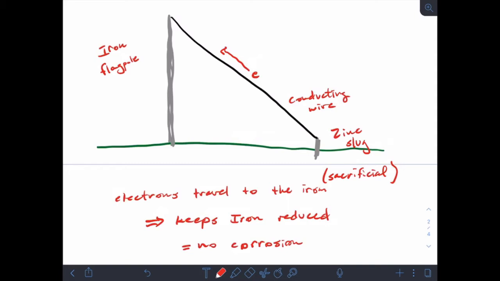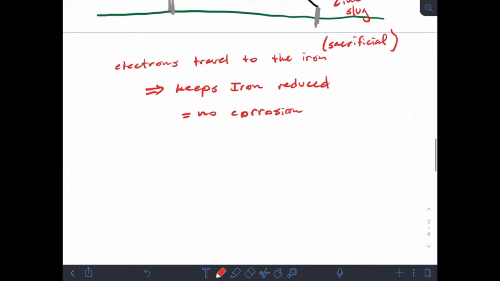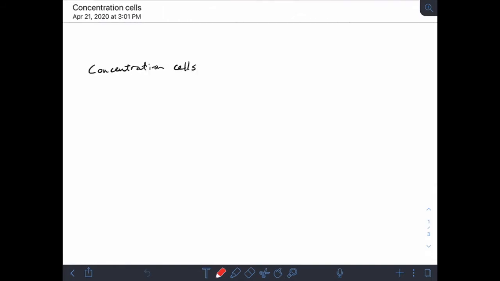Okay, so our next topic is concentration cells. The reason that we're getting into concentration cells is that we want to talk about different types of electrochemical cells.